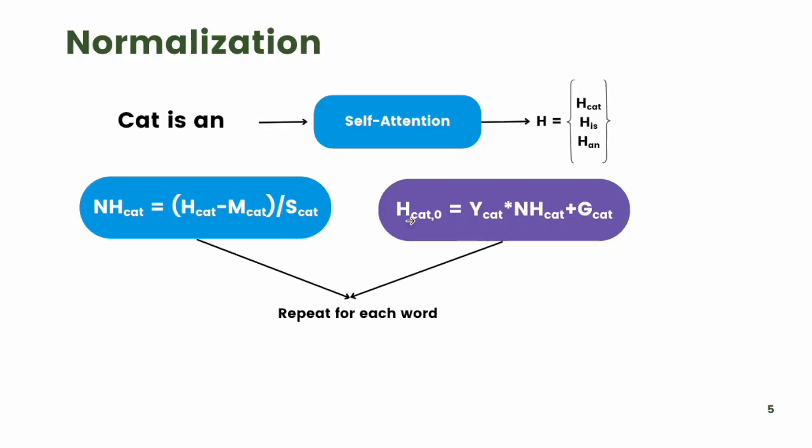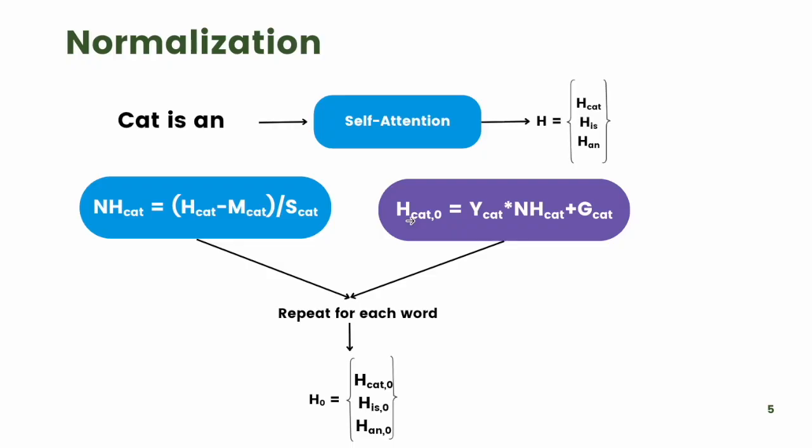So we repeat this whole process for each word separately, and finally we get the normalized vector, which is nothing but the different normalized vectors corresponding to different words stacked on top of each other.